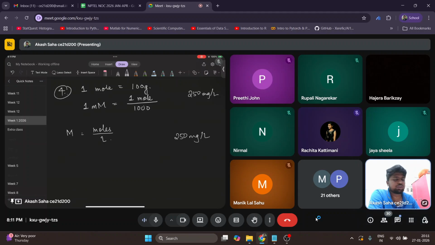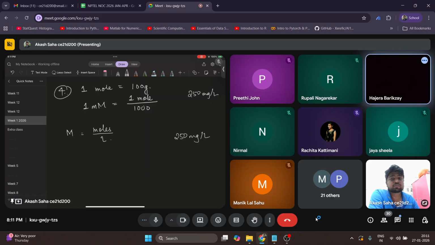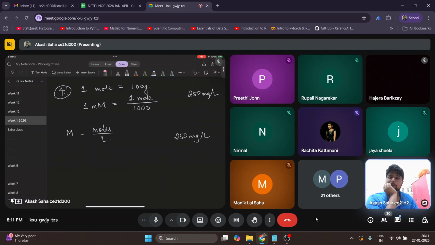So 250 milligrams per liter means how many moles? 1 mole contains 100 grams, or we can say 100 grams is equal to 1 mole.